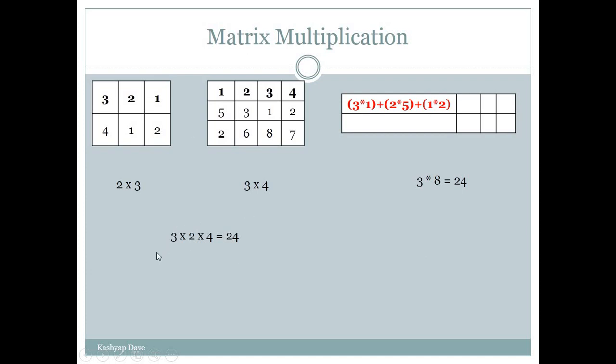So for finding the total number of multiplications, we multiply 3 with 2 and then 4, that is 3 into 2 into 4, which is 24. So the total number of multiplications can be found from the dimensions, the number of columns and rows, and we do not have to perform all these steps. This is the simple matrix multiplication problem.